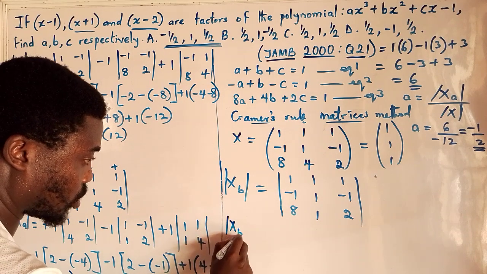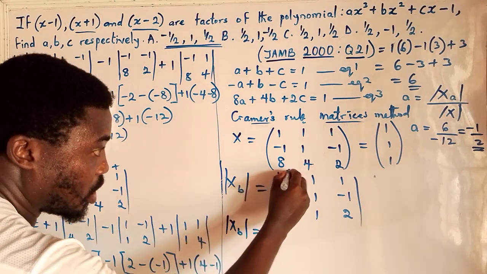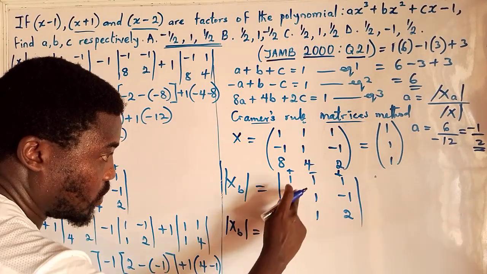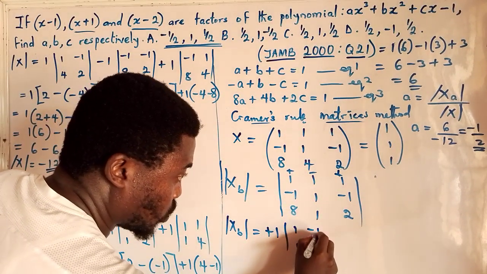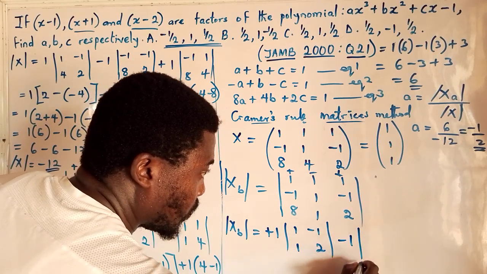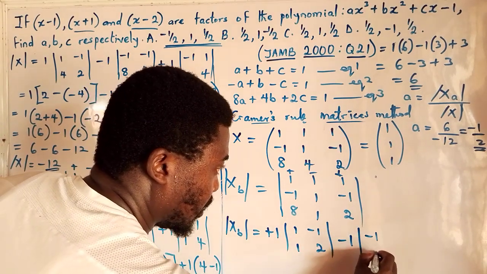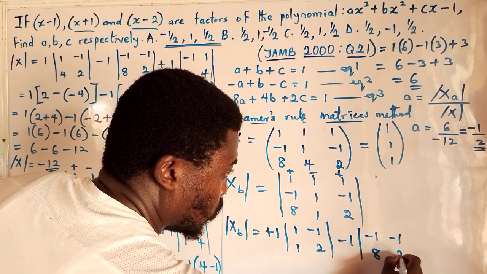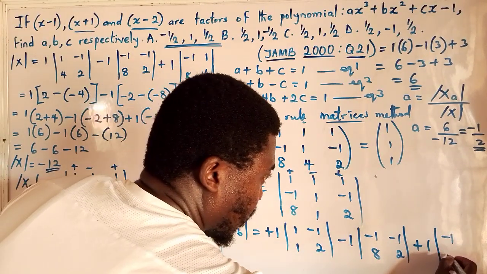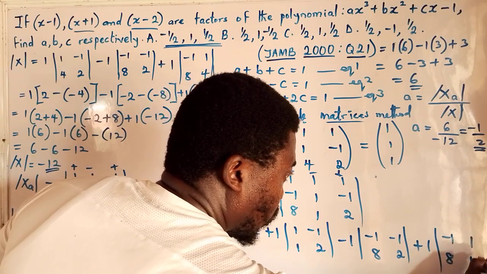So we have the determinant of X subscript B will now be equal to, this is plus minus plus, plus 1 times the determinant of 1, 1, minus 1, 2, and then minus 1 times the determinant of minus 1, 8, minus 1, 2, plus 1 times the determinant of minus 1, 8, 1, 1.